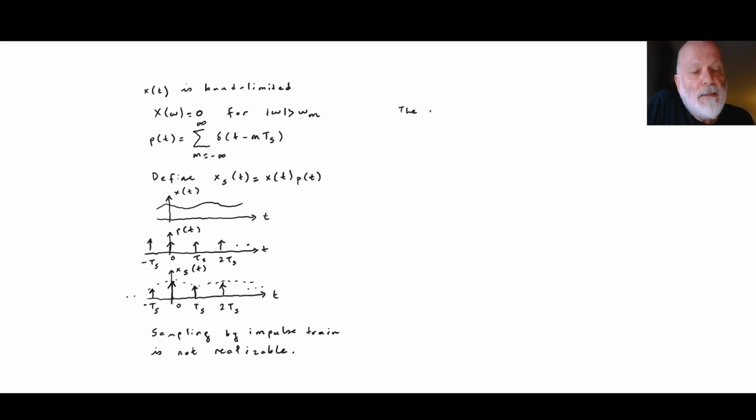The sample and hold approach, sometimes called the zero order hold approach, is simply the signal defined as follows.